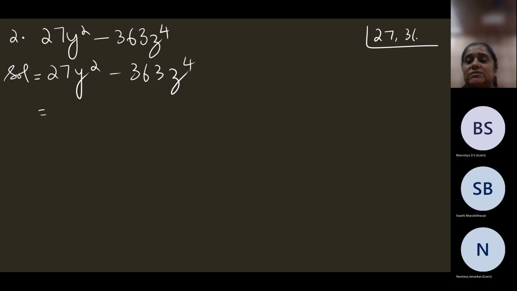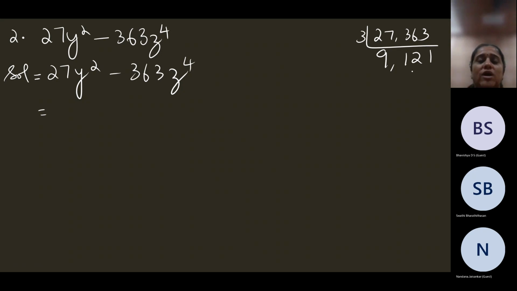27 and 363. 3 9s are 27, 3 121s are 363. Now for HCF, both the numbers should be divisible by the same number. Now 9 is divisible by 3, but 121 is not divisible by 3. You must divide both the numbers by the same number to find the HCF.